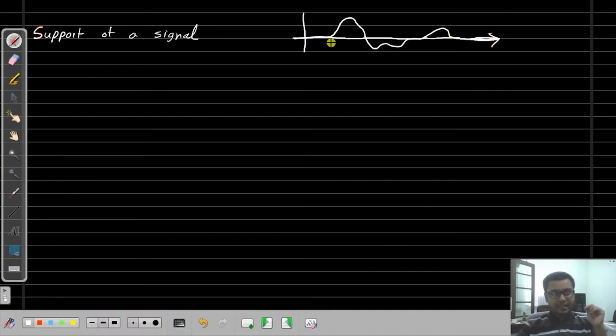So this signal is non-zero within these two time limits, call them t1 and t2. This is x of t as a function of time.